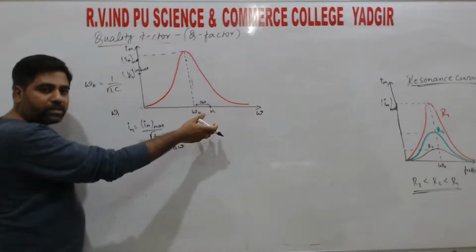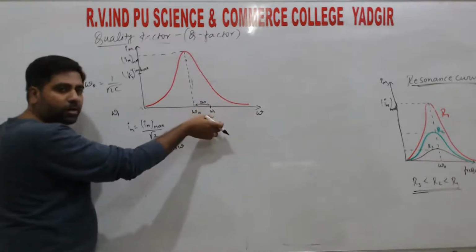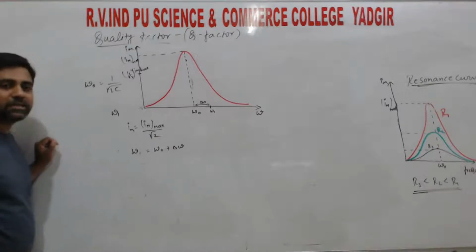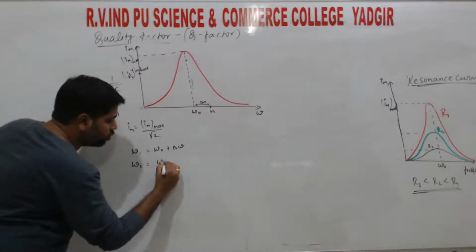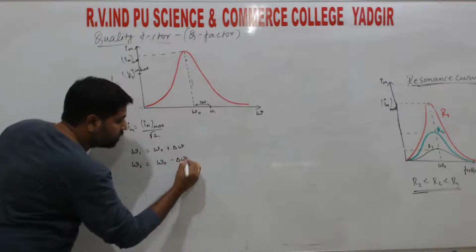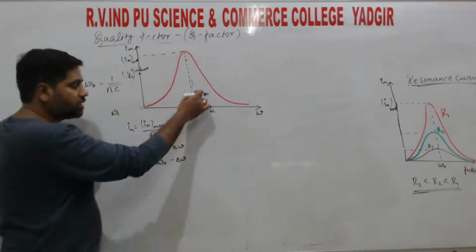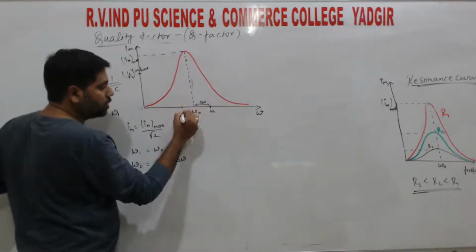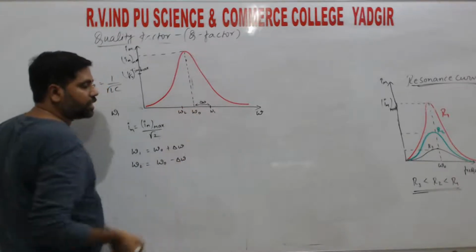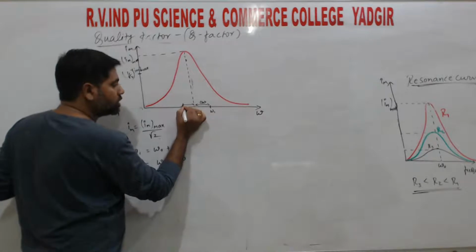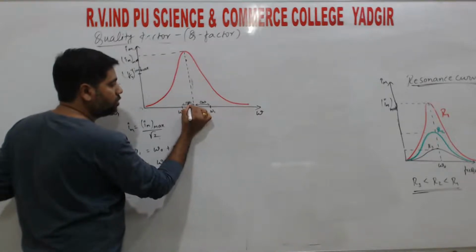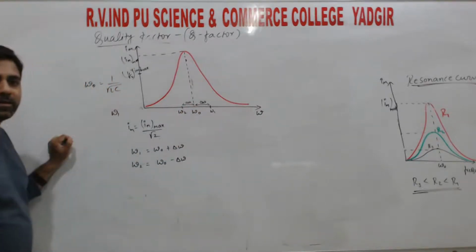We take two frequencies: one greater than the resonant frequency and another lesser than the resonant frequency. That is omega 2 equal to omega naught minus delta omega. The reference is the resonant frequency. We take this as omega 2, and the difference is also delta omega, right?